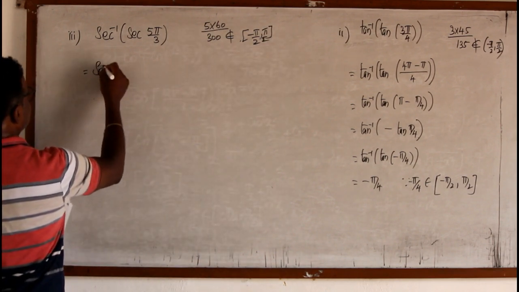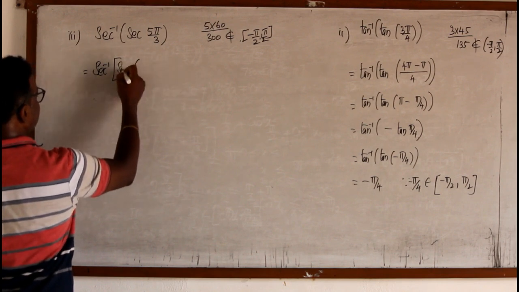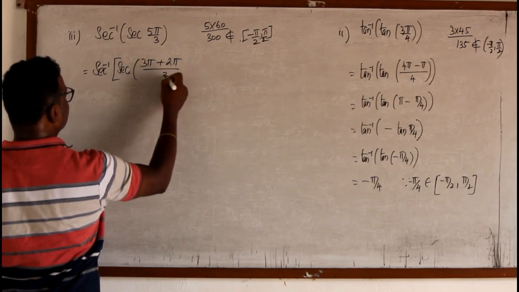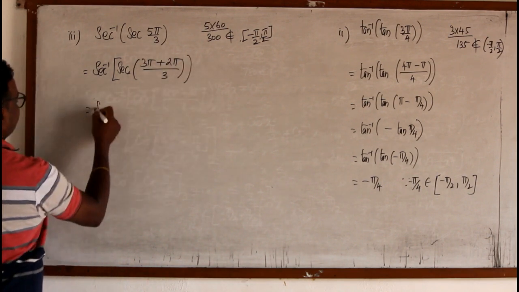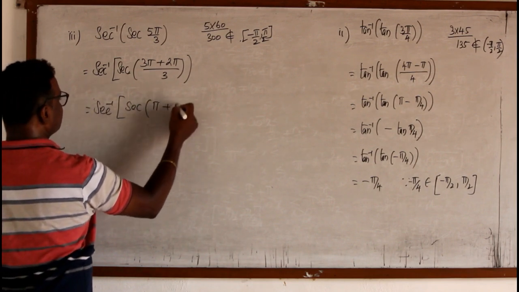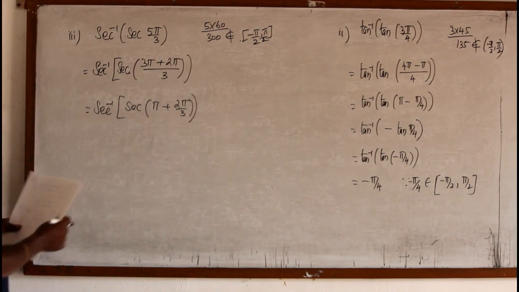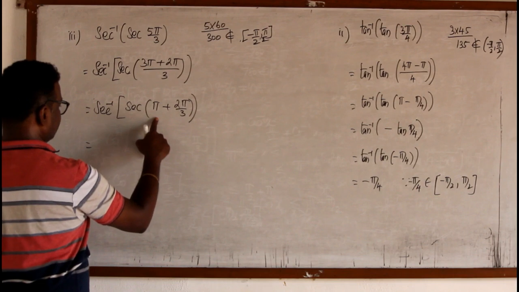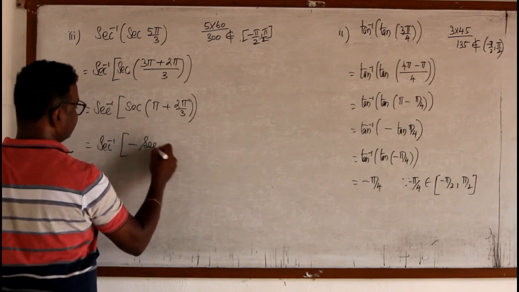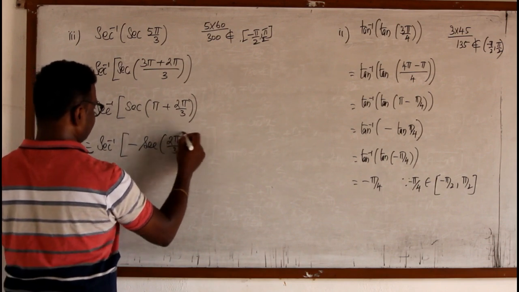Now therefore, it is secant inverse of, shall we write 5 pi by 3 as secant of 3 pi plus 2 pi by 3. When we divide, it is secant inverse of secant of pi plus 2 pi by 3. Now, second quadrant, secant is negative, so minus secant of, no change, it is 2 pi by 3.